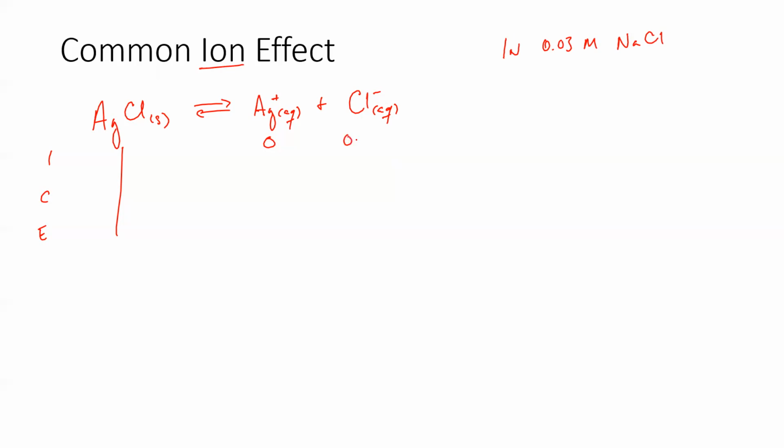Because we start with some chloride that doesn't come from silver chloride, not quite as much of that silver chloride is going to be able to get over into solution.